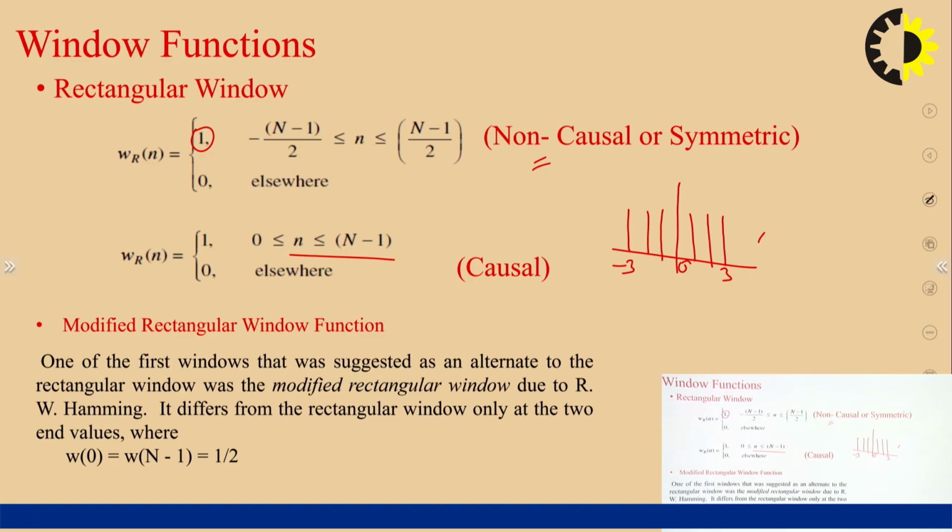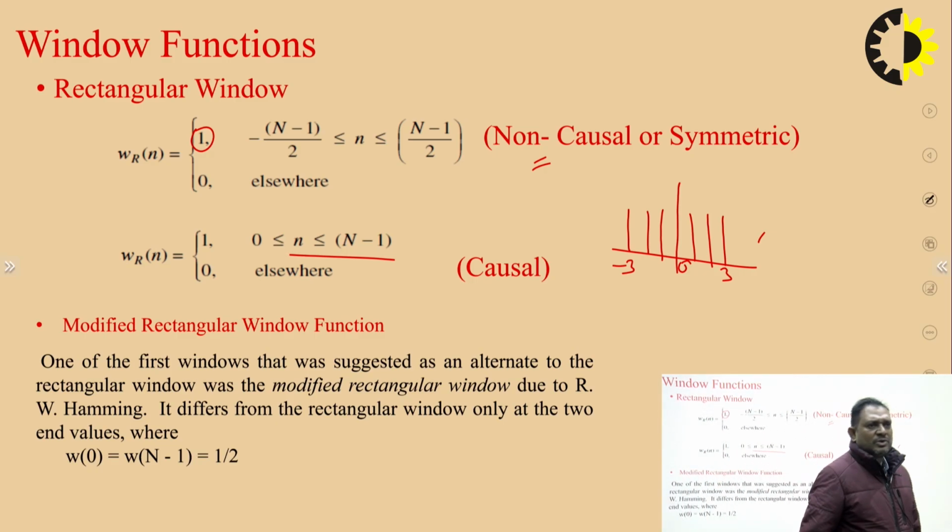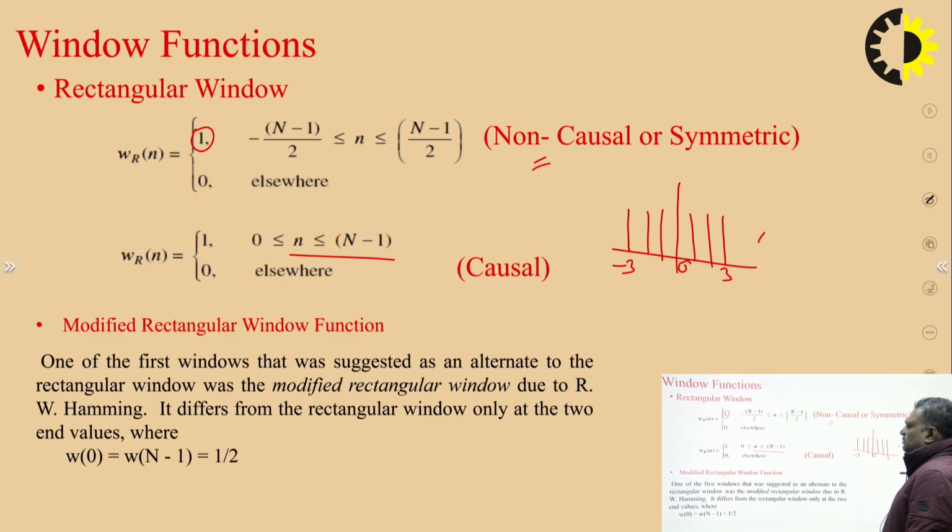Another one is the modified rectangular window function. Because of this phenomenon, we are trying to move to other window functions. So the first window that we have chosen is the modified rectangular window function. It is almost similar to the rectangular window function. The only difference is that the last sample value which we are taking, we have made it half.